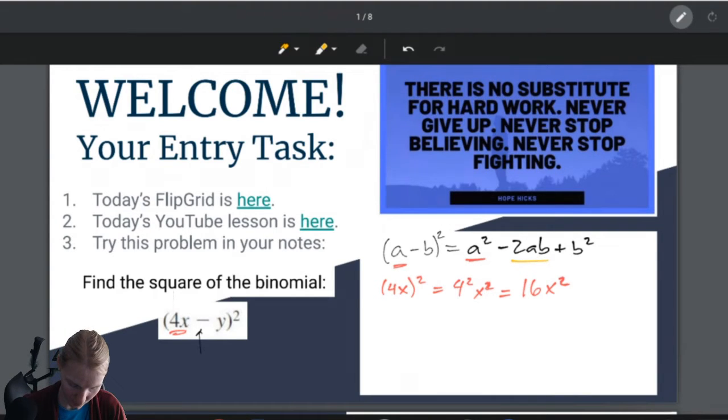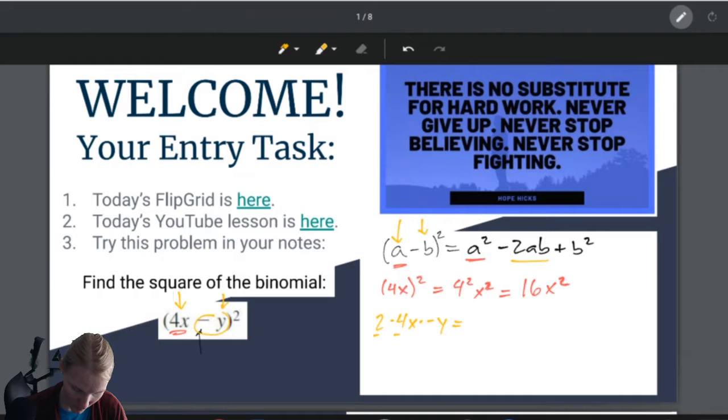So now we're going to do 2 times a, which is the first term. So 2 times 4x times b, which is negative y. 2 times 4, I'm going to do the 2 and the 4 together. 2 times 4 is 8.